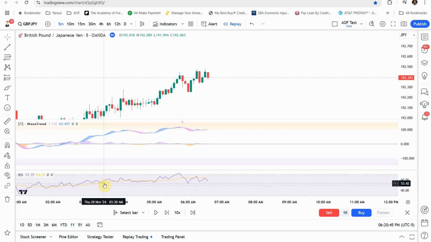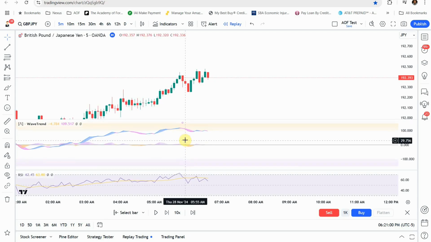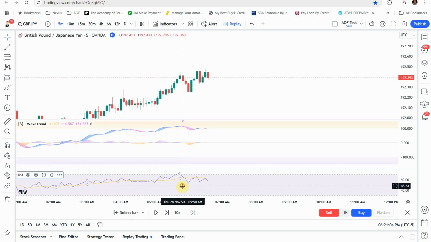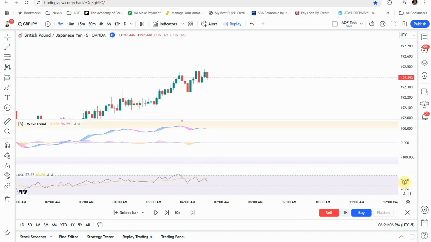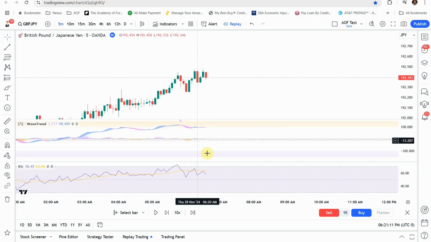What we're looking for in a short trade is when the wave trend indicator gives us a dot like this right here in the top section of the indicator. When it gives us a dot like that at the top section, we're going to look down to the RSI. And we want the RSI to show that there is a divergence taking place.